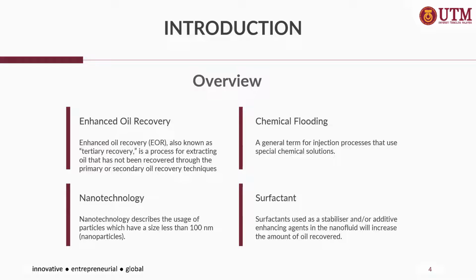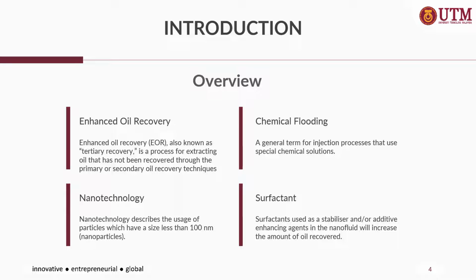The next one is nanotechnology. Nanotechnology is defined as particles smaller than 100 nanometers, such as aluminum oxide, zirconium oxide, silica oxide, and so on. The last one is surfactant. A surfactant acts as a stabilizer or enhancing agent to increase the amount of oil recovered.